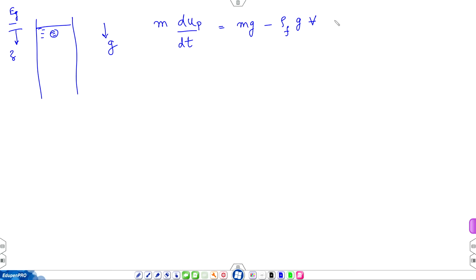Okay. So, the data was generated for a fixed object, flow going past the object. Now, we are using it in a situation where the fluid medium is fixed and the particle is moving through it. So, that will be minus C d half rho u p square times projected area, subject to some initial condition.